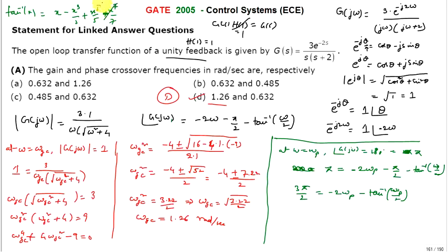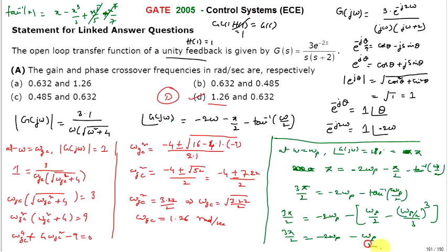Higher order terms we are neglecting and we will consider only the lower orders, that is nothing but x minus x cube by 3. So you can write it as 3 pi by 2 is equal to minus 2 omega p minus, x means omega p by 2, minus omega p by 2 whole cube divided by 3.